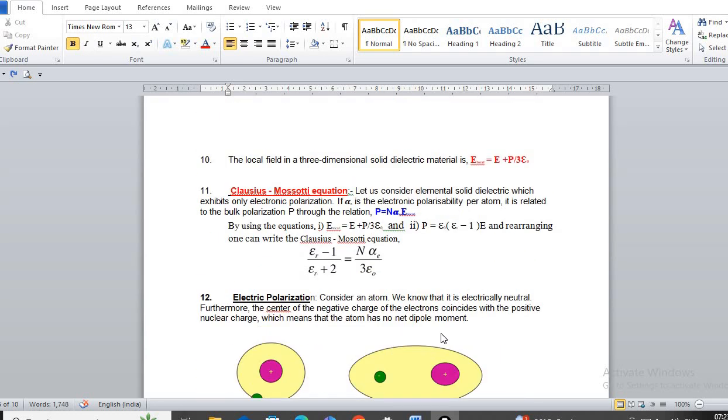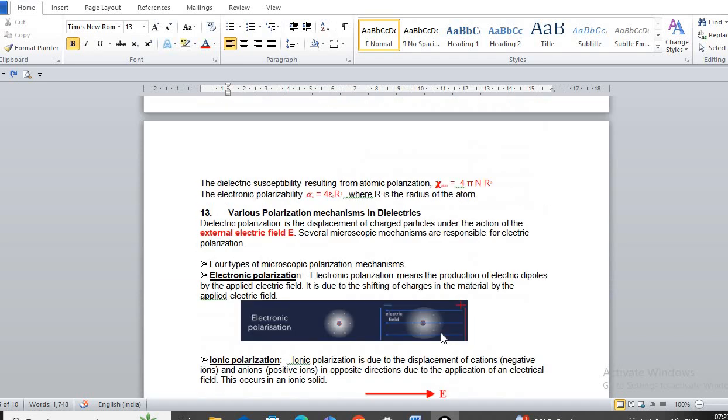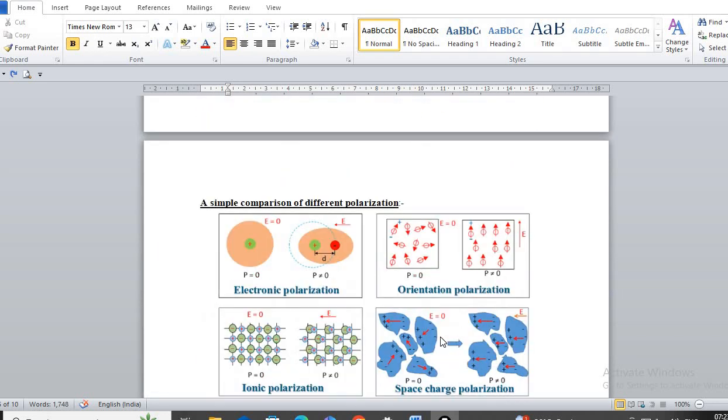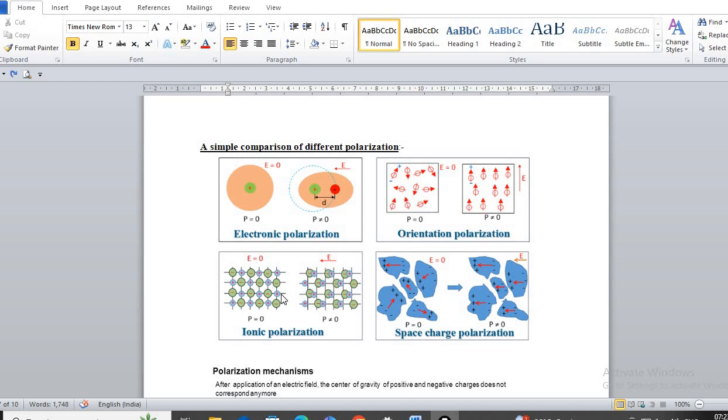Types of polarization rather. So there are mainly 4 types of polarization. First one is electronic polarization, second one is orientation polarization, third one is ionic polarization, and the fourth one is space charge polarization. Let me just describe it in a simple way.